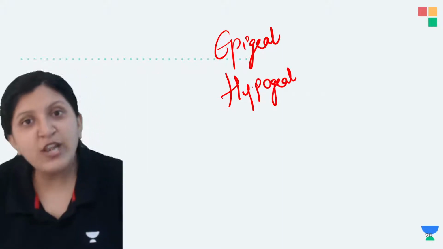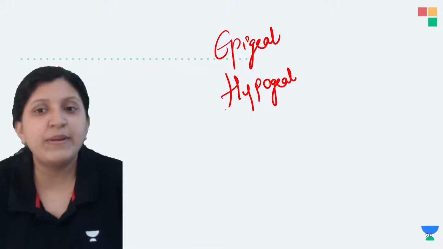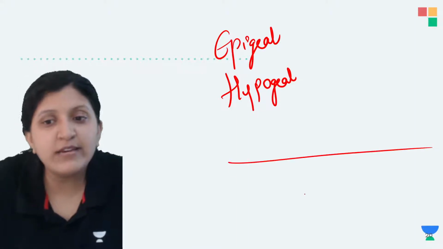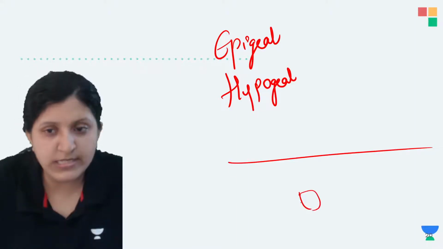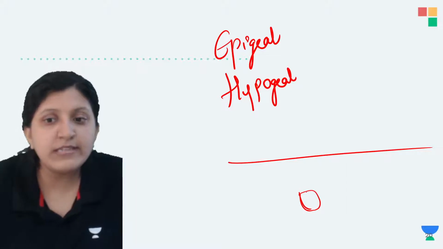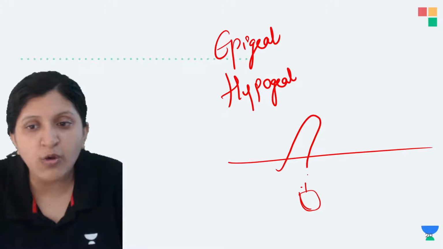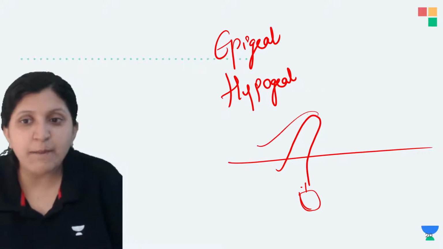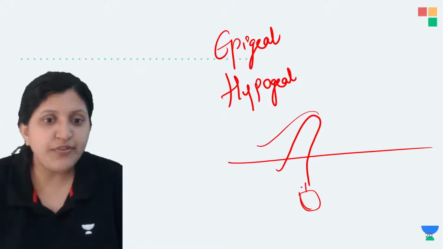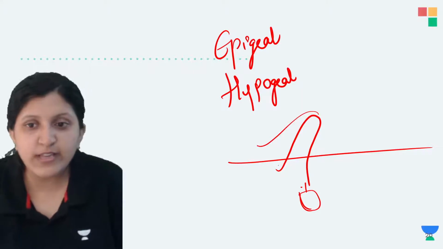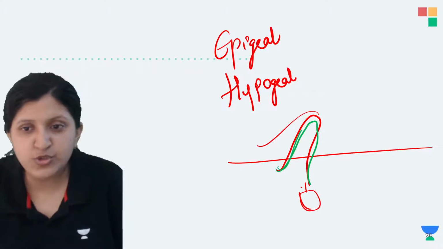So in epigeal or hypogeal, what is going to happen? In hypogeal, the seed will remain down itself, but this particular shoot system has to push above the level of ground and come out. So if I explain it this way, let's say this is the green part, that is the shoot system.